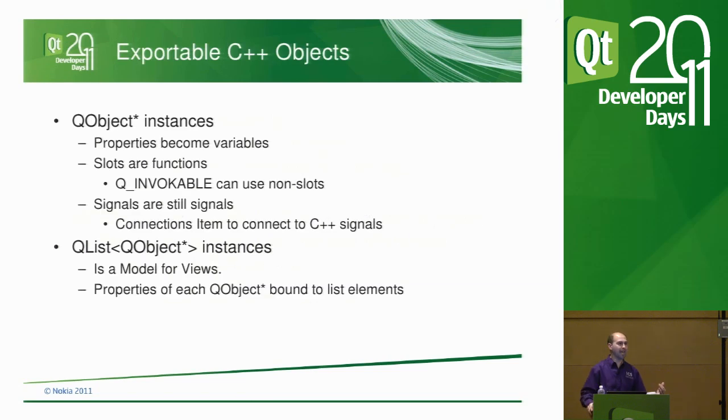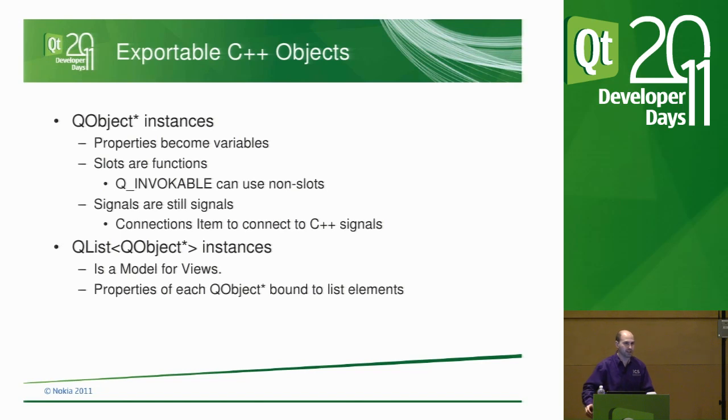So things that you can make in C++, say you make them in main, and then you can export them into QML, is you can make any QObject pointer. You can create it in C++ and export it into the QML environment. Properties simply become variables.